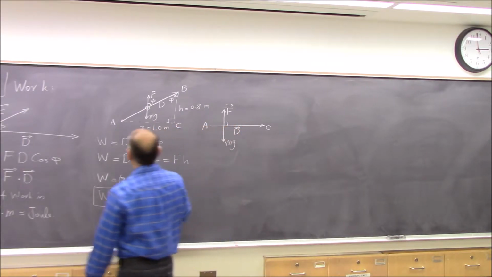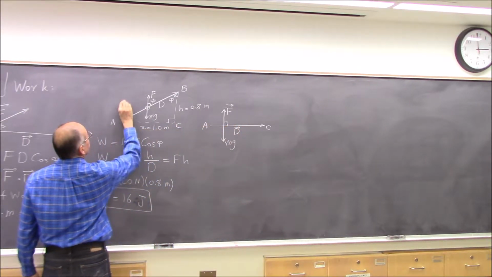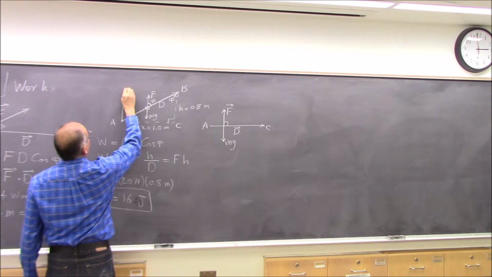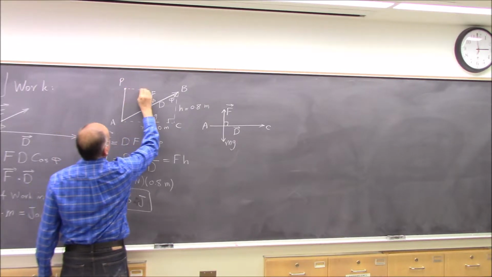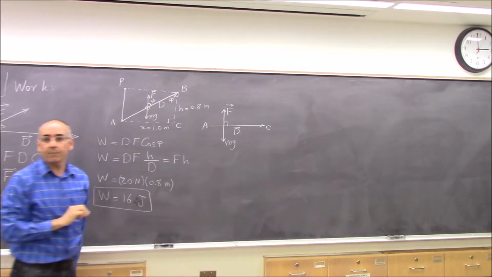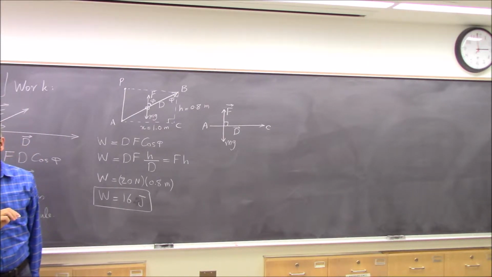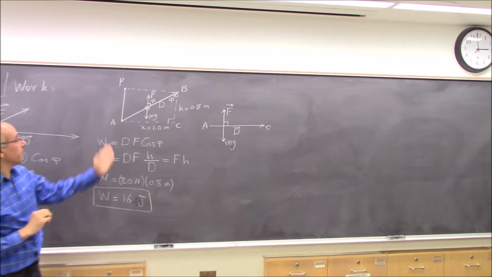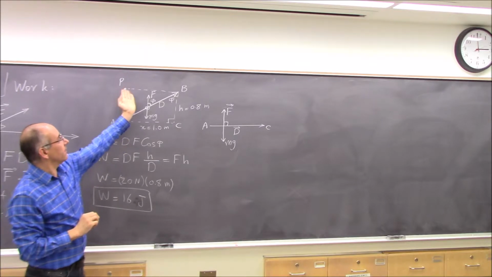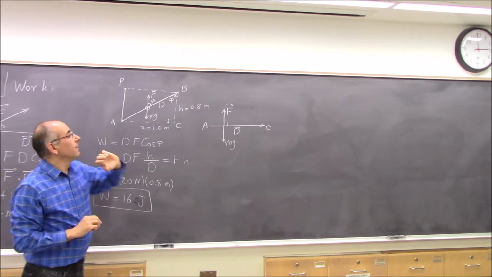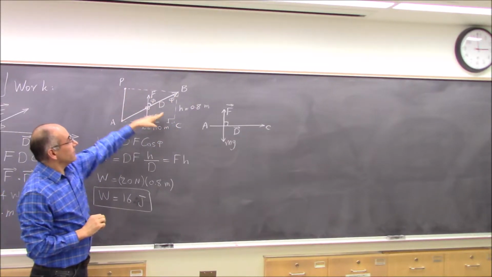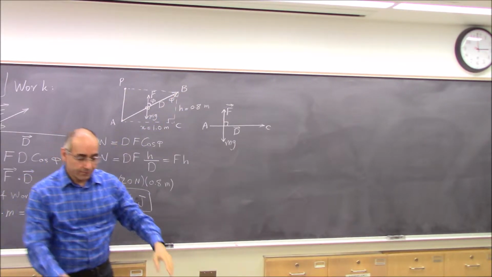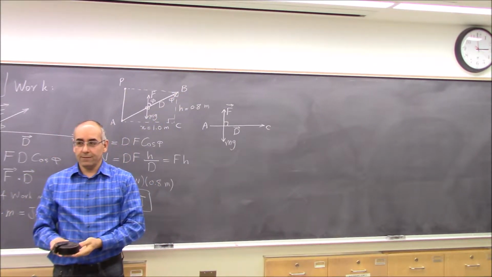Now if I go this way first, go to this point P, and then go horizontal this way, how much work do I do this time? The same. See here, I do F times H and then no work here, right? What if I go any other path from here to here?